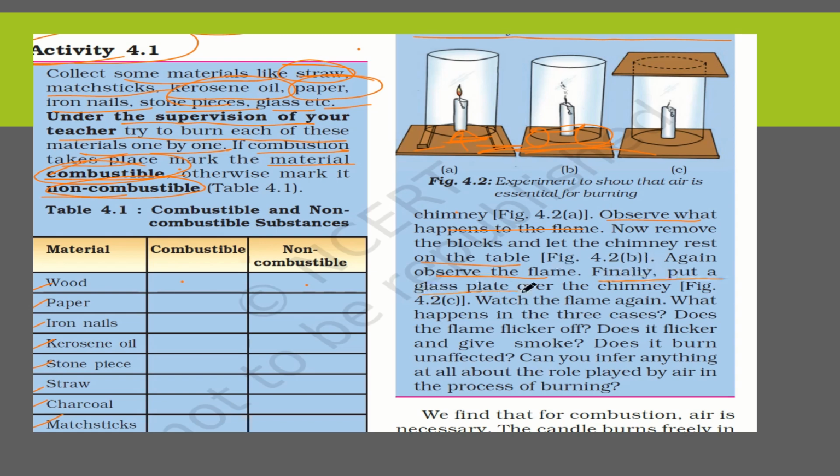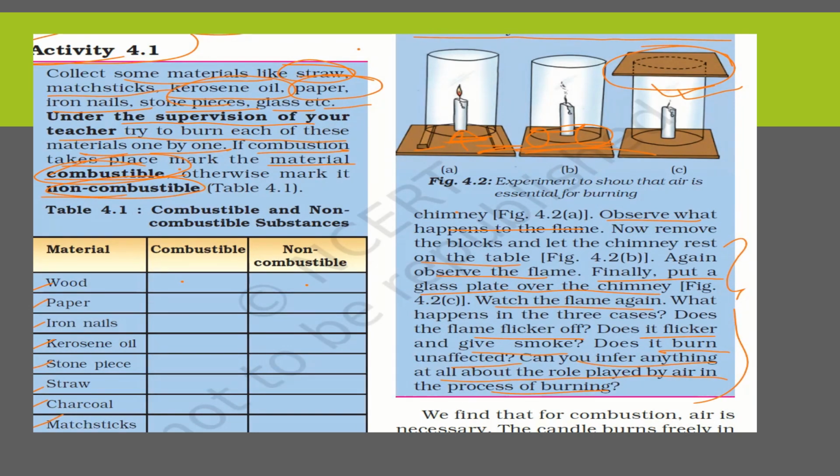Finally we are putting a glass plate over the chimney and watching the flame again. Does the flame flicker and go off? Does it flicker and give smoke? Does it burn unaffected? And can you infer anything about the role played by the air or oxygen in the process of burning? So many questions they have asked you.